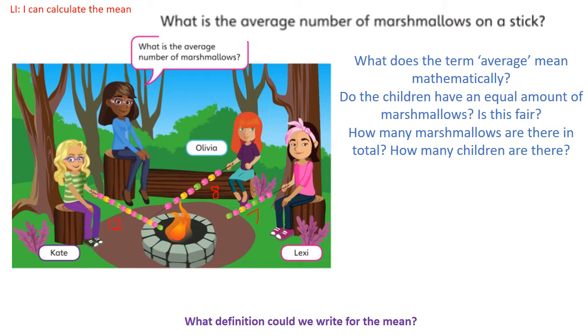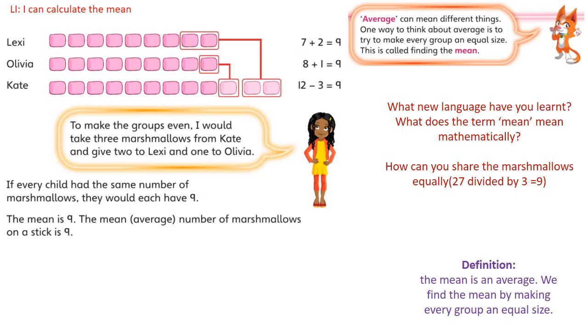So how can we make sure that they all have an equal number of marshmallows? So every child, we've got 3 children there, has to have the same number. So here again, we can see that Lexi has 7, Olivia 8, and Katie 12.